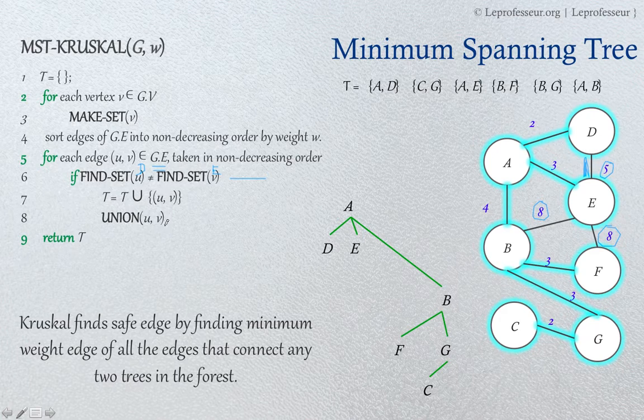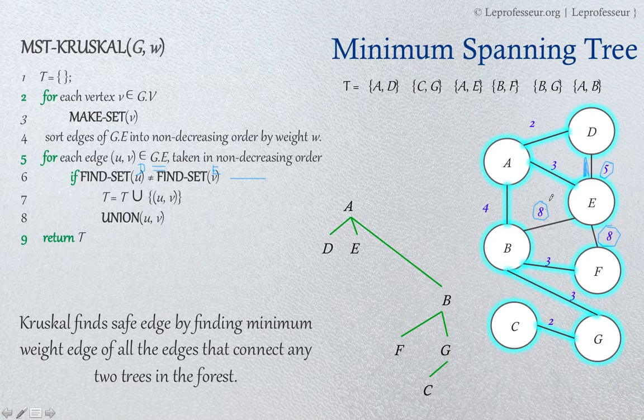So we do not execute lines 7 and 8, otherwise it will form a cycle. See how line number 6 makes sure that we will not form any cycle, and we end up getting a minimum spanning tree.